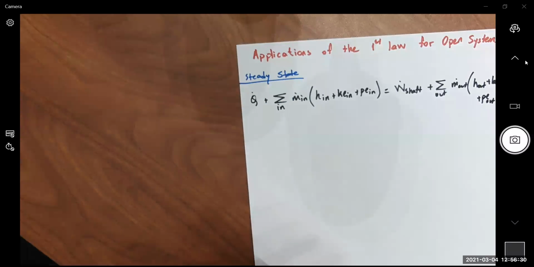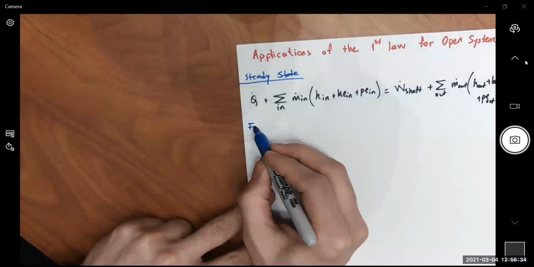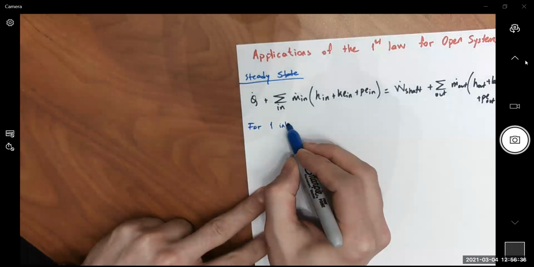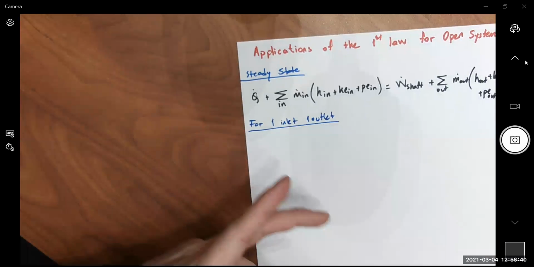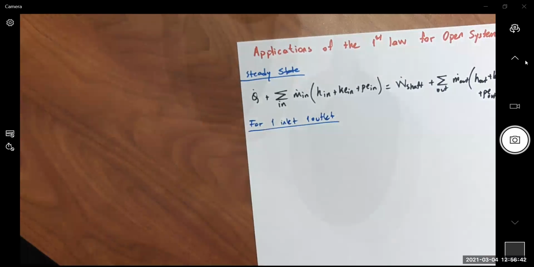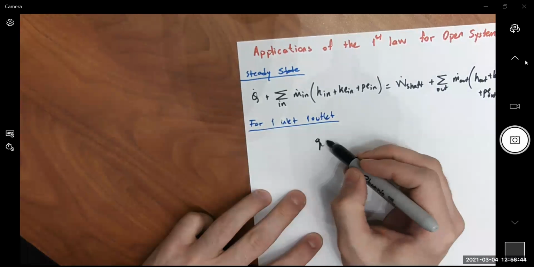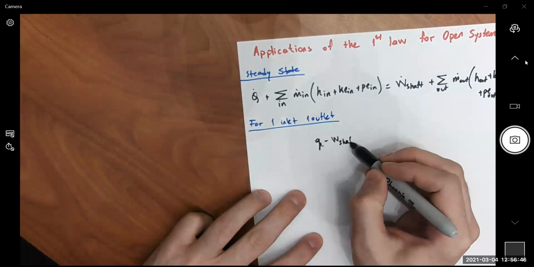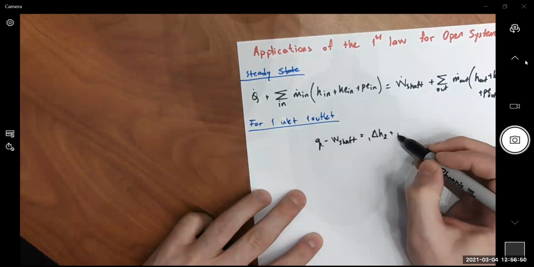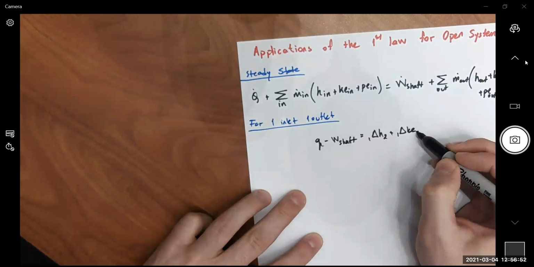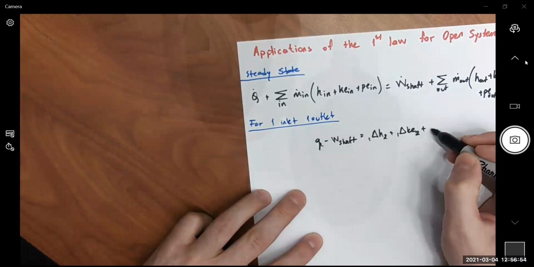Okay? And for one inlet, one outlet: Q minus shaft work equals enthalpy difference plus kinetic energy difference plus potential energy difference.